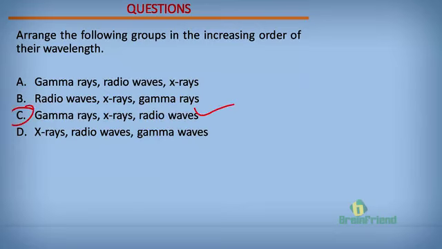Remember, we are to arrange the following groups in increasing order of their wavelength. Gamma ray has the smallest wavelength, followed by X-ray and radio wave. From gamma ray to radio wave, the wavelength increases in the electromagnetic spectrum.